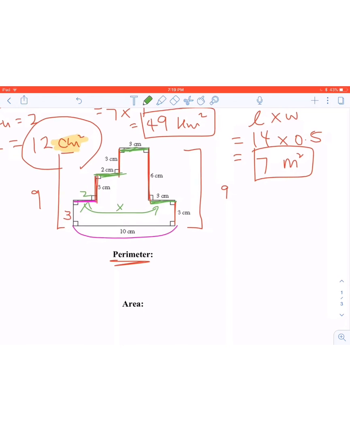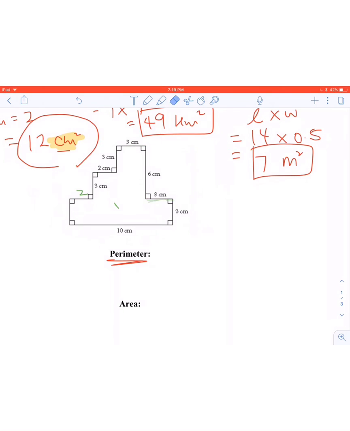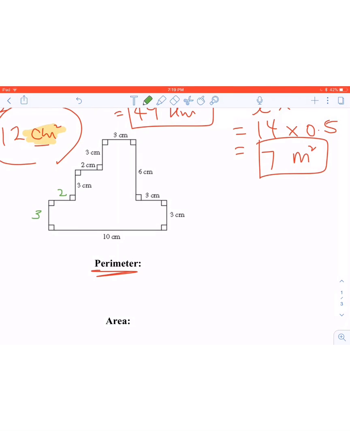So let's add all sides together. I'm going to erase this now. Remember, we found that we have 3 here and then 2 right here. So let's add up all sides. Let's start with 10.